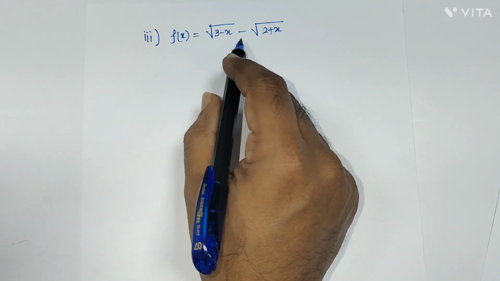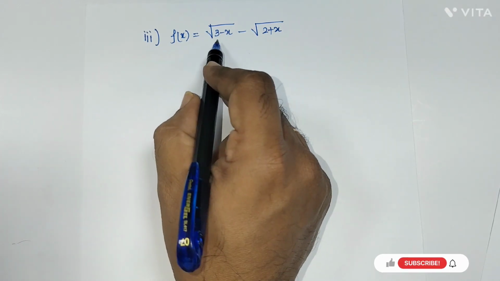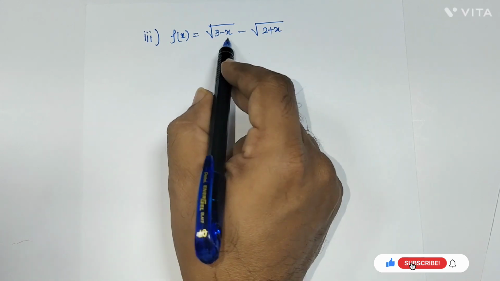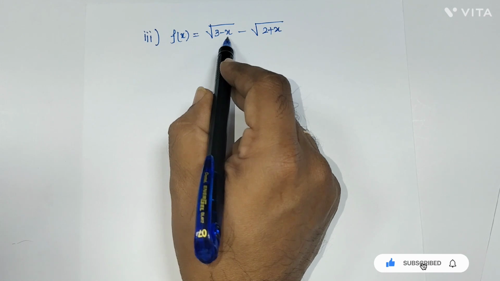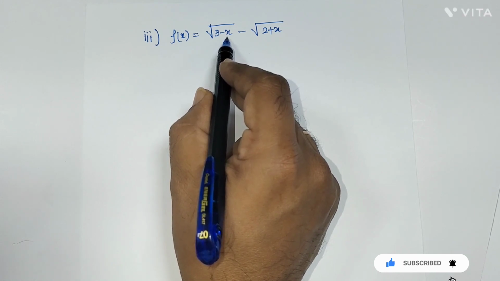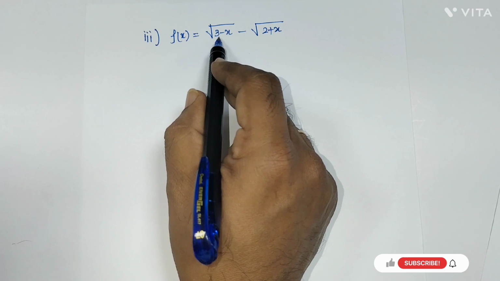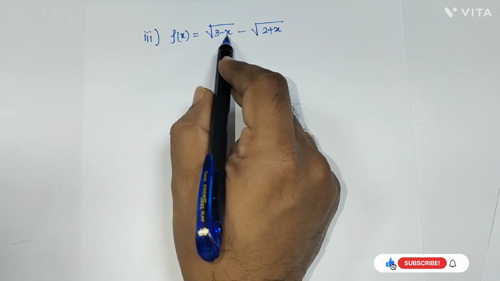In the square root, for example, here take the number 3 minus x, here 2 plus x. Here I will take x equal to minus 1, 0, 1, 2, 3. All the elements give a positive root. Here I am substituting x equal to 4.